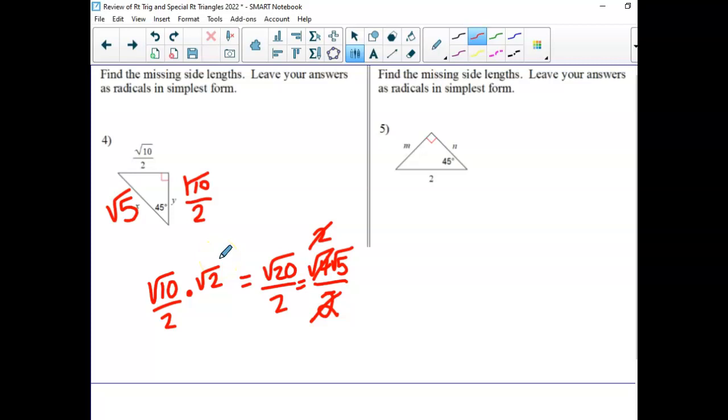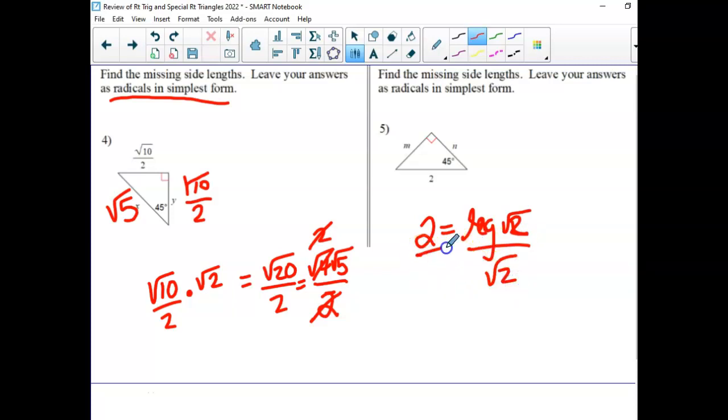You will have to do some of these ugly ones, and it says you have to answer in simplest radical form. You cannot answer as a decimal, okay? One more time. What is supposed to be on this side? Yeah, it's supposed to be x square roots of 2, right? So it says 2 all by itself is equal to the leg times the square root of 2. How are we going to get the leg by itself?